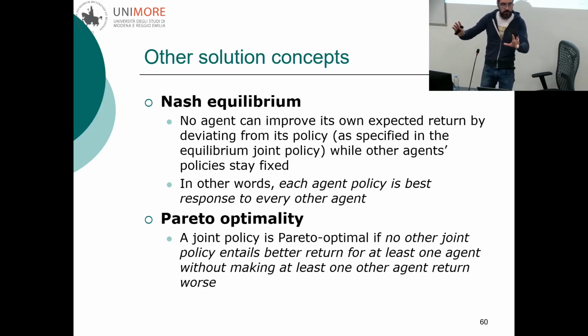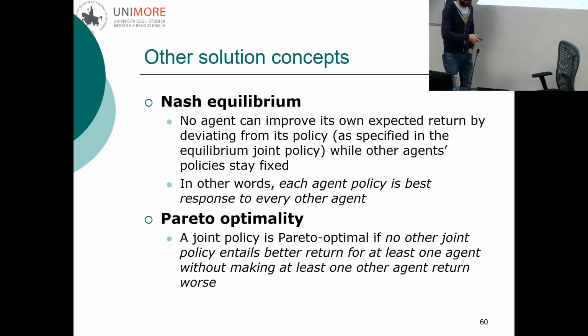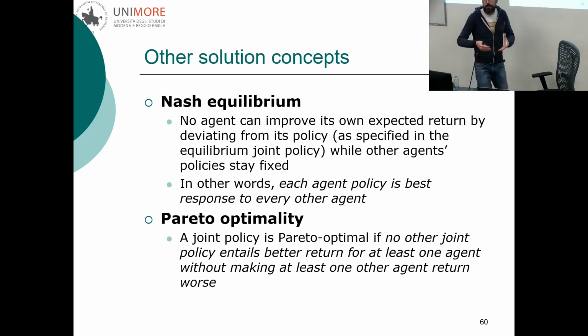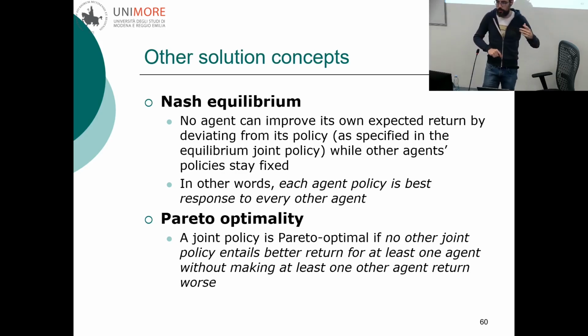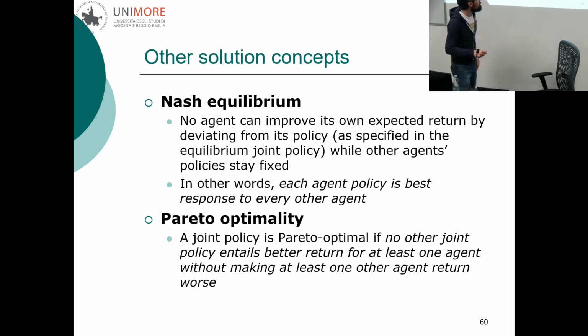So we have a collection of Pareto optimal joint policies, and we care about any of those. For sure, we want to avoid the situation in which some machinery is unused. I want to maximize my revenue, so let's use all the possible machinery. That would be a Pareto optimal joint policy.